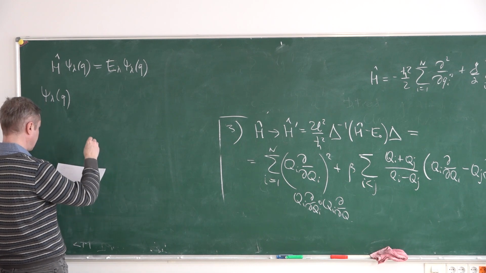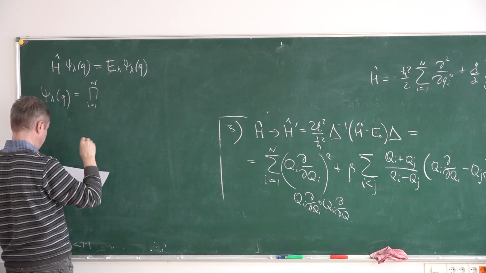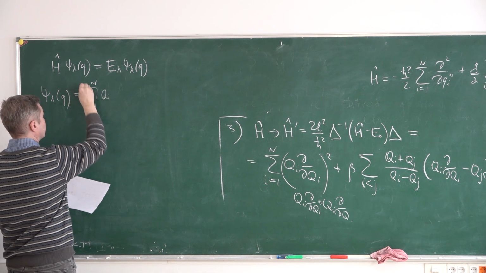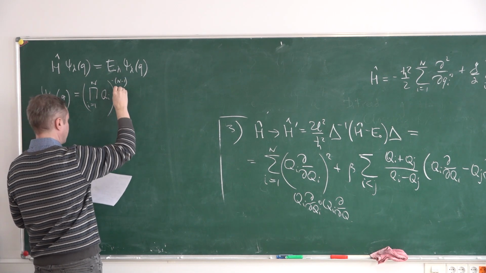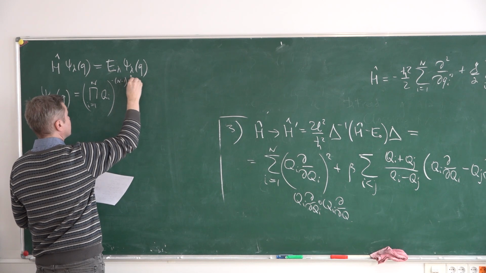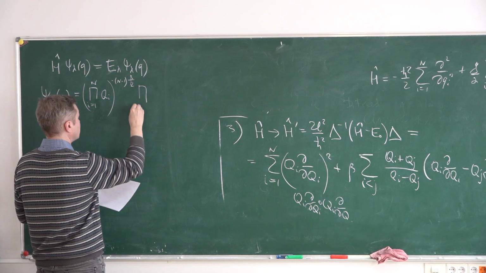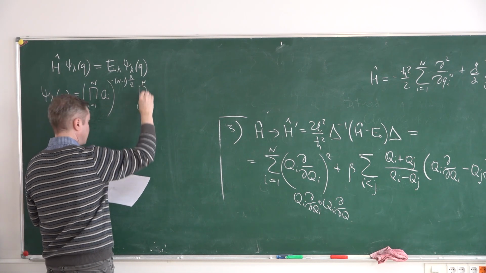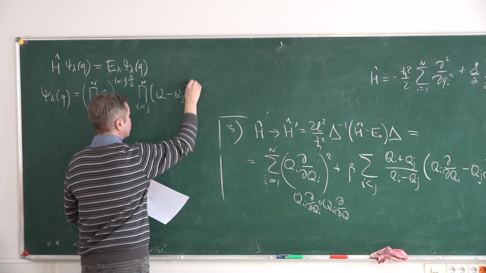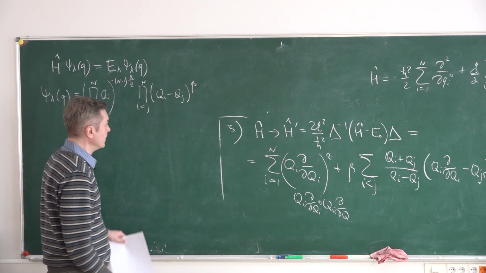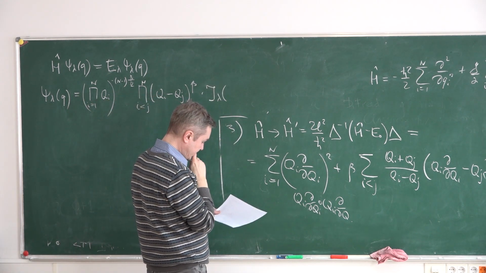So what we have here is a product over i from 1 to n of q_i in the power of minus (n minus 1) beta over 2. Then we have a Vandermonde function in the power of beta. And finally, it is multiplied by the Jack polynomial.